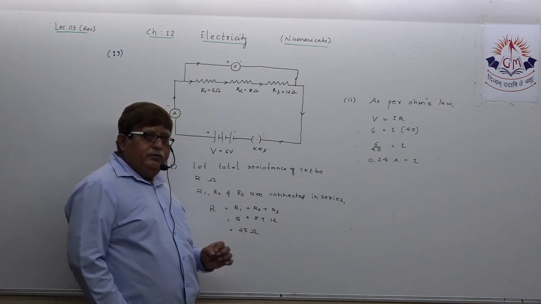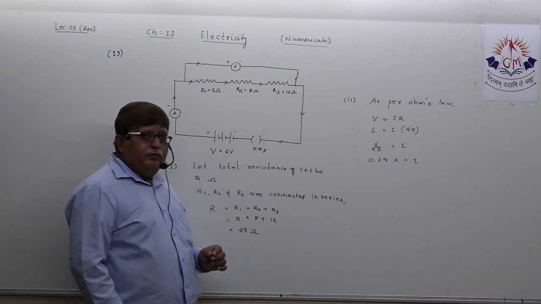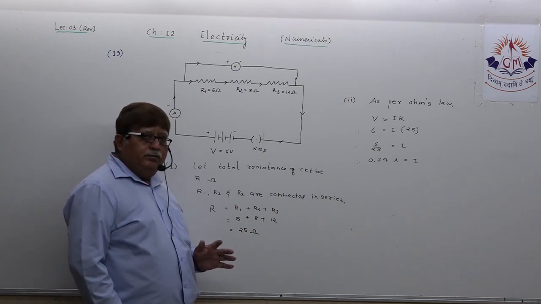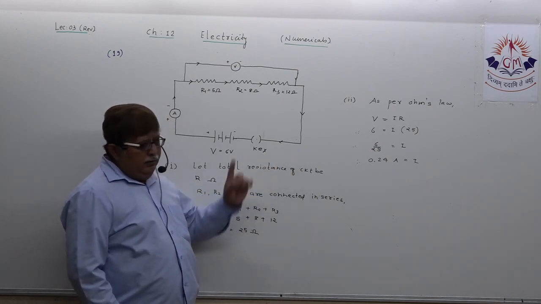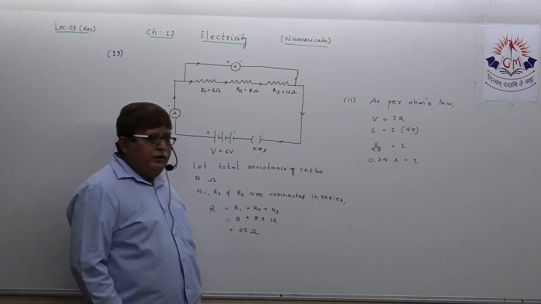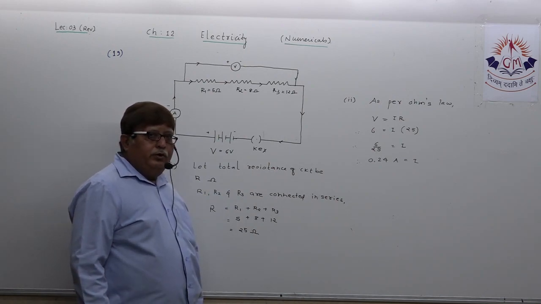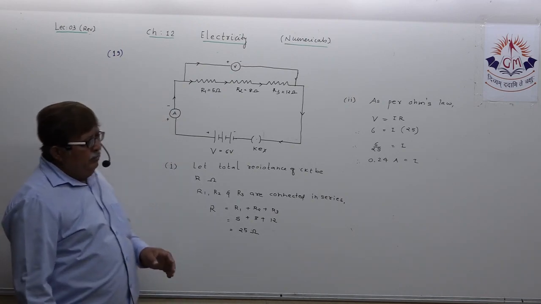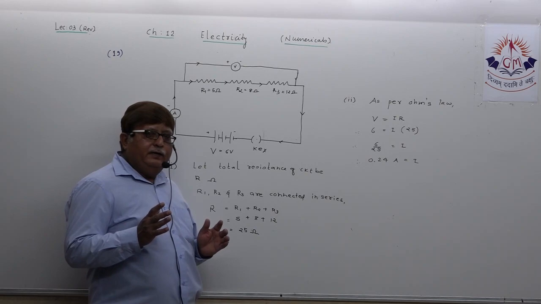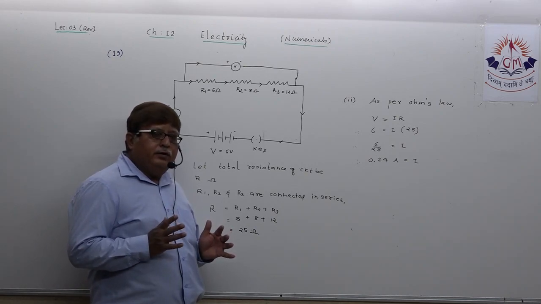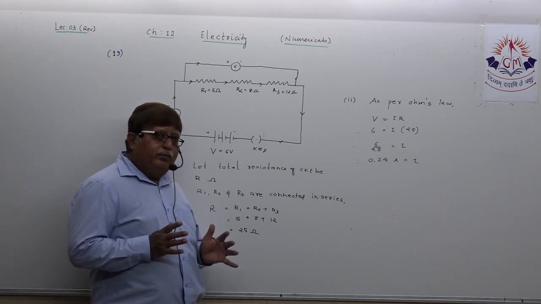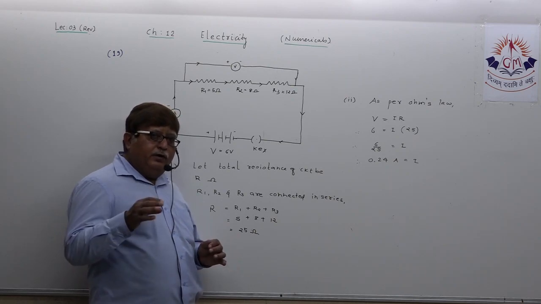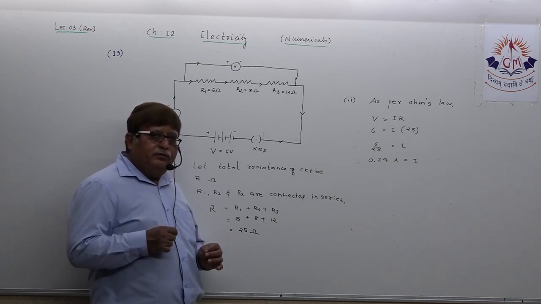Equivalent resistance of the circuit is 25 ohm and current flowing in the circuit is 0.24 ampere. That way, you need to highlight the final statement of the answer in a proper way, so that it will catch the eye of the examiner.